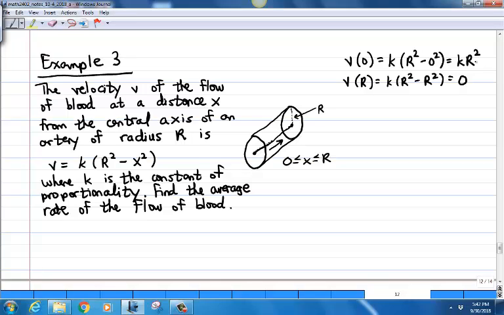All right, but now what we want to do, of course, is find what's the average rate of flow of blood in the artery. So this is where our average value of a function formula can help us.